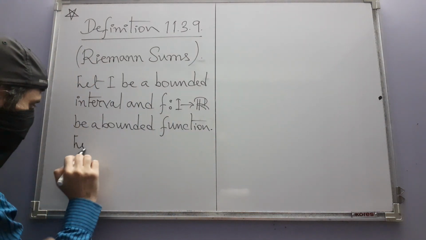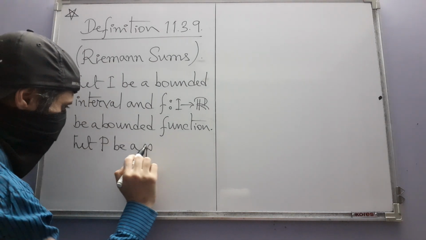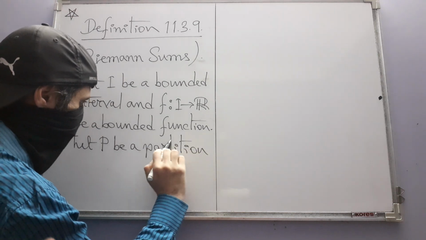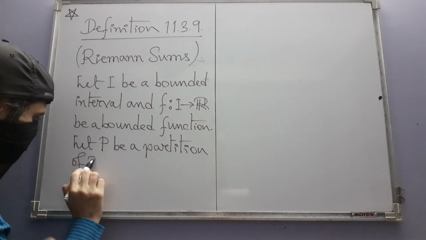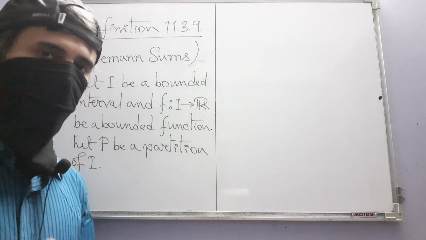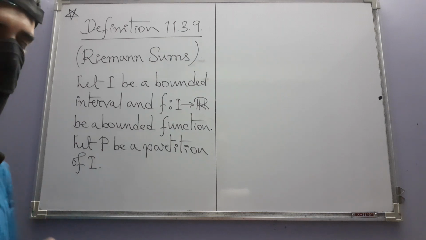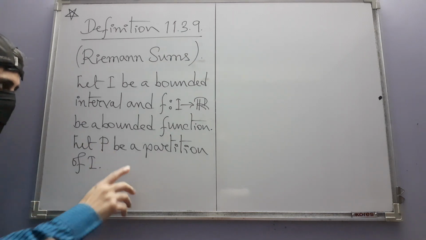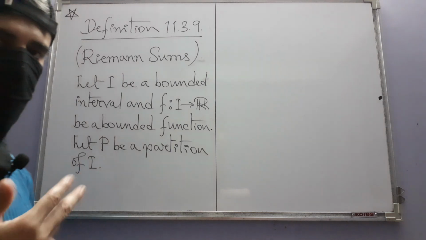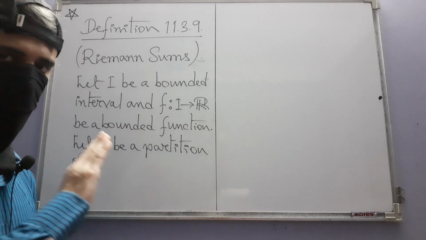Let P be a partition of I, because in order to define a Riemann sum, we need a partition besides having a function. Note that we are not saying that this f is piecewise constant with respect to this partition. F is just some bounded function on I and P is some partition of the interval I.